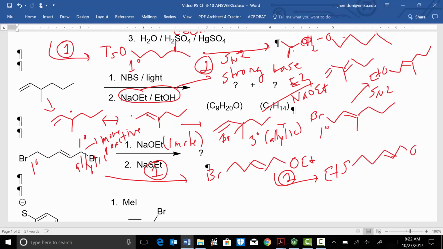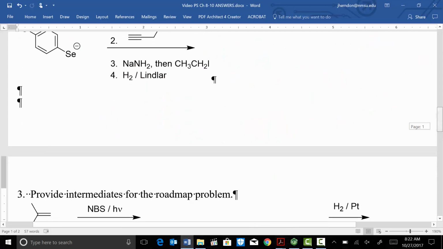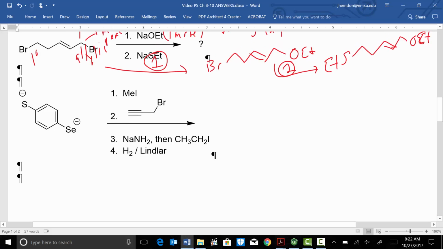And this should be the product. Okay, so the OEt reacting with the more reactive halide, the SEt reacting with the less reactive halide. Okay, I think we finally have this one.